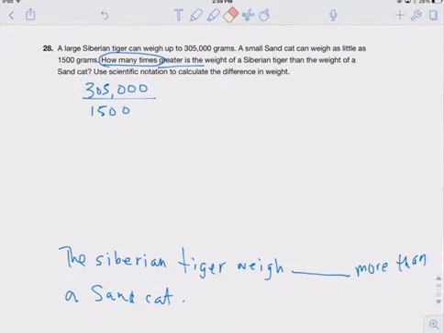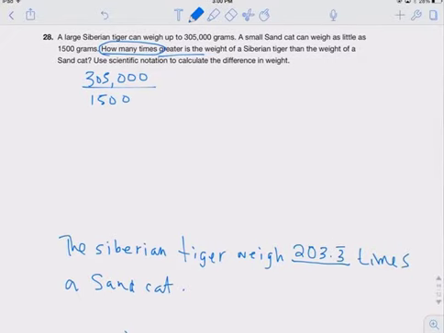So our answer, our weight is 203.3 repeating times more than a sand cat.